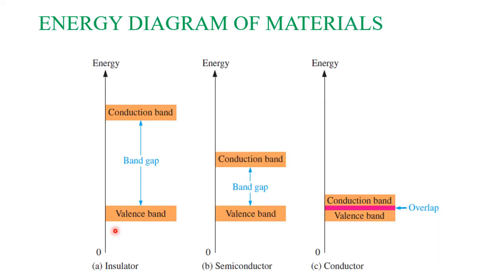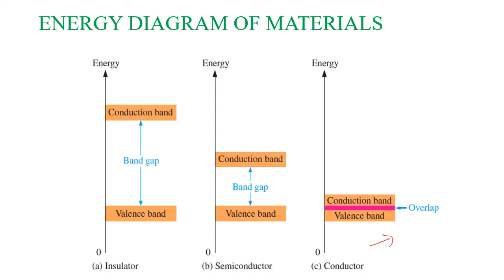We can also define using the energy diagram. Here you can see for conductors, the conduction band and the valence band are overlapped, so there is no band gap.